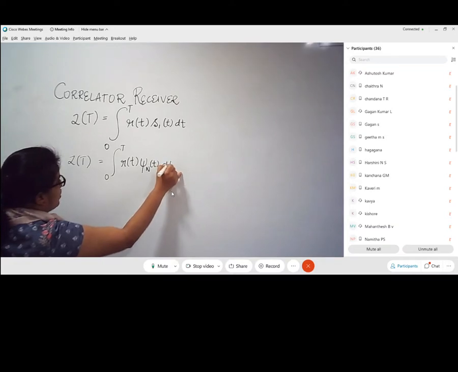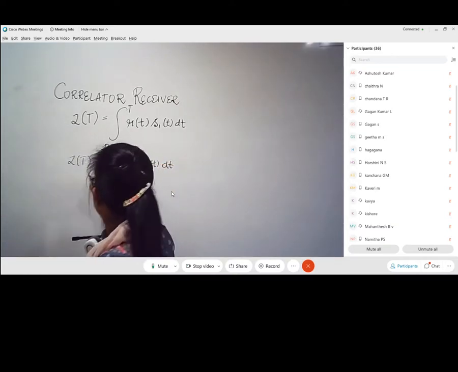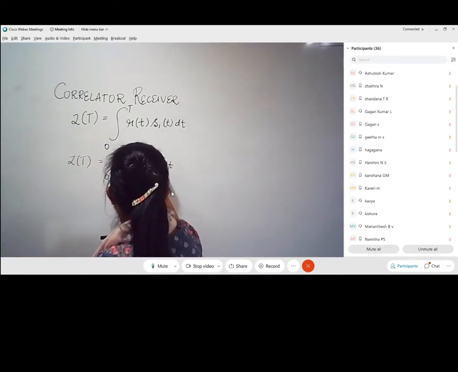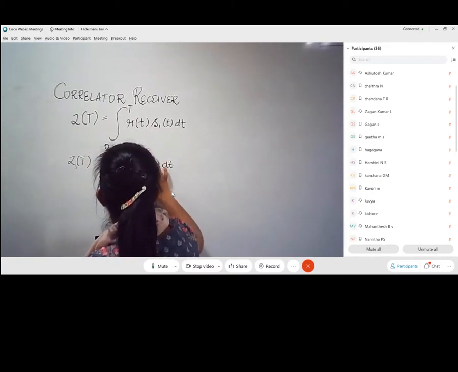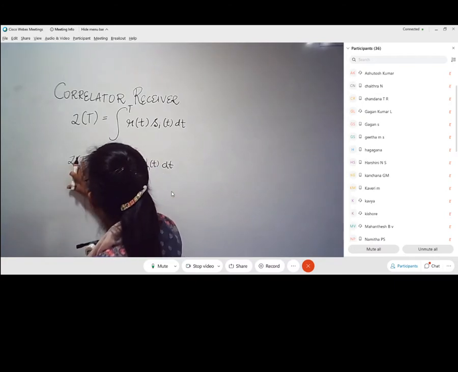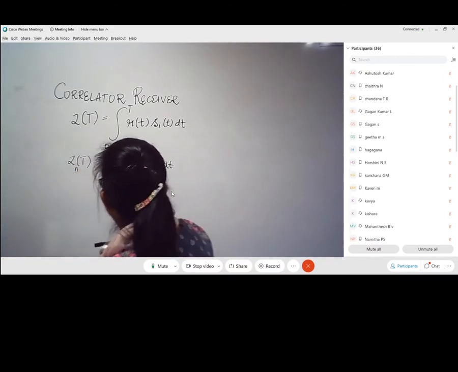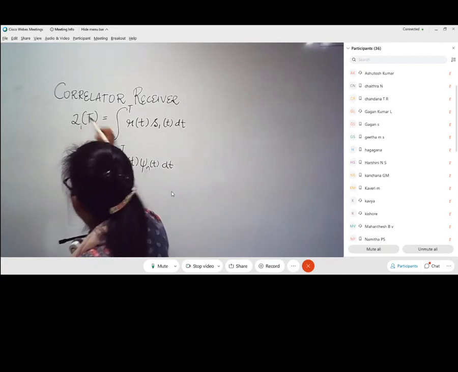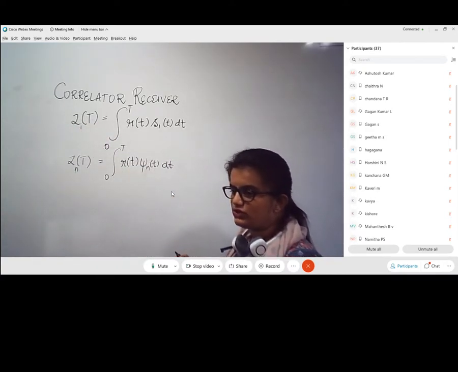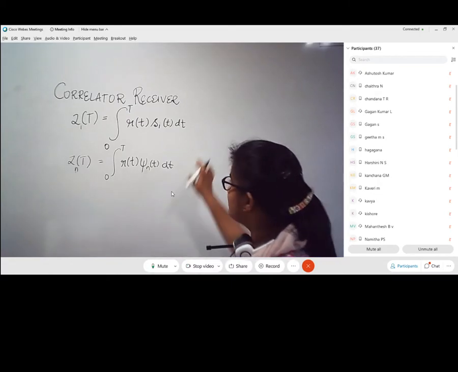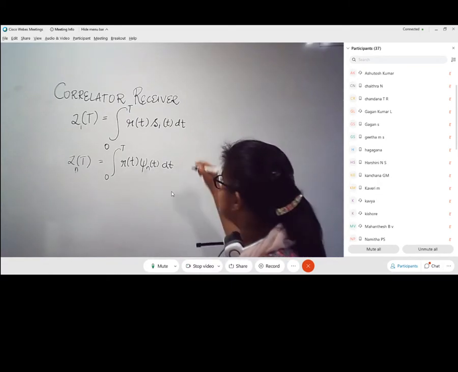Depending on whichever Zi, let me name it like this, this is Zi, you can also name it with something else, so we can signify it like this. Depending on whichever correlator or reference signal we are making use of, we can write the correlator receiver expression.